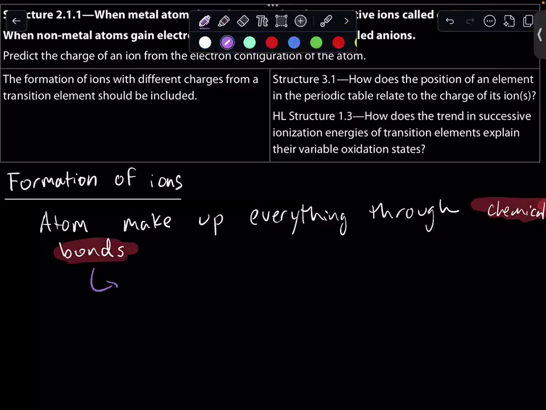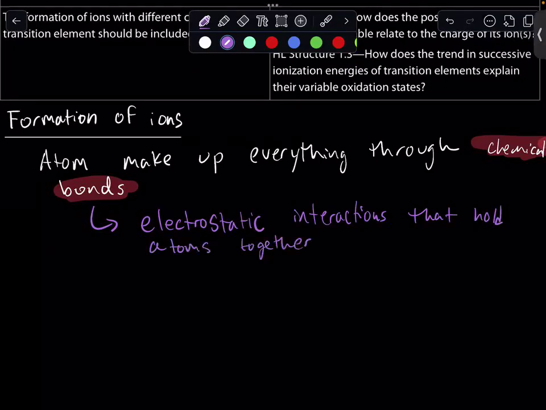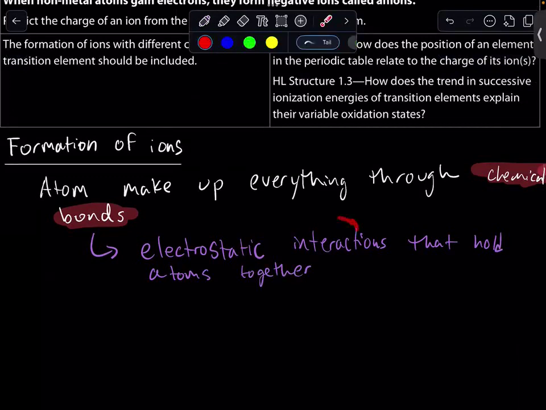Well, the main thing is that a chemical bond is just electrostatic interactions that hold atoms together. The big secret about chemistry is everything is just electrostatic interactions.